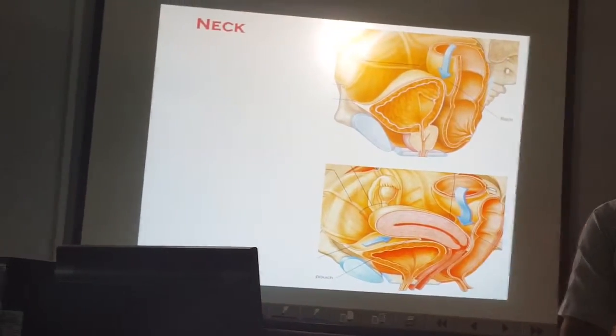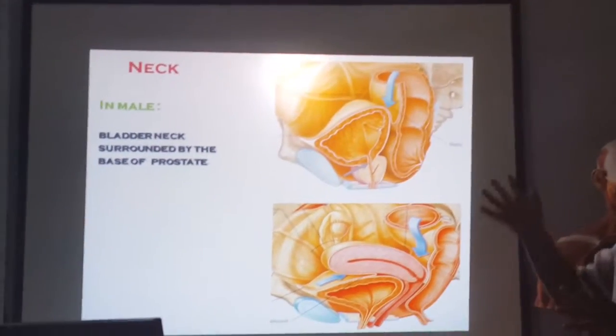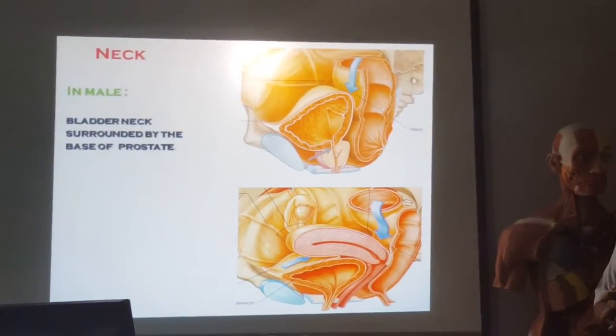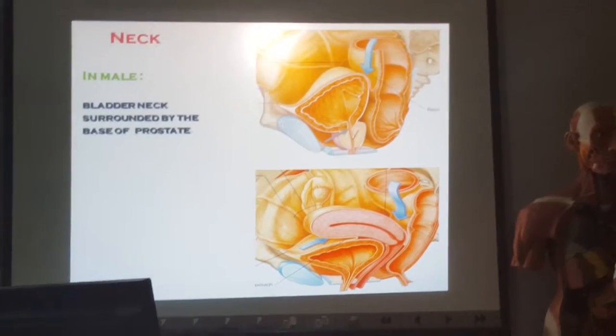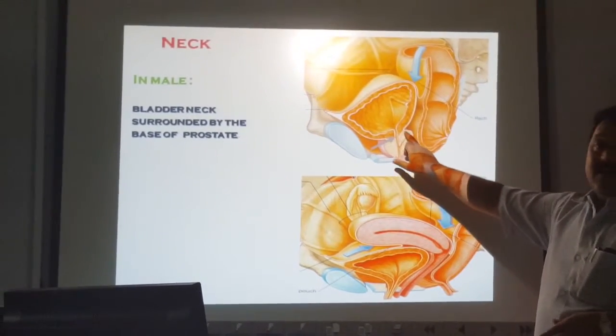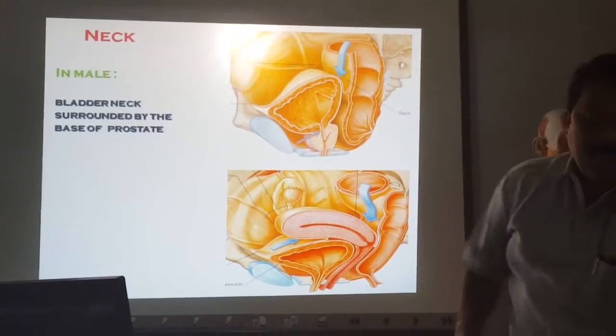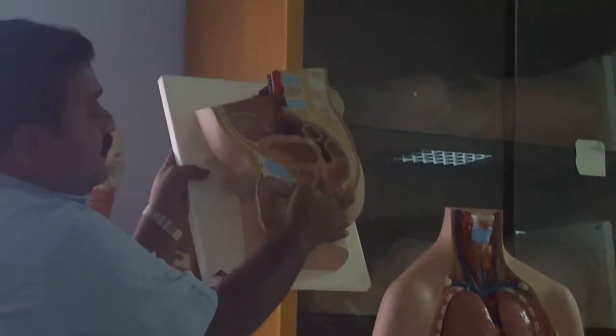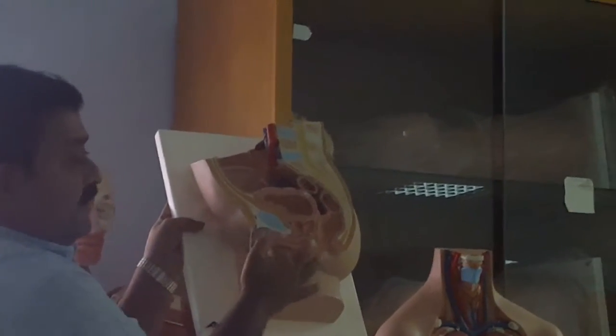Next is the neck of the urinary bladder. In case of male, the bladder neck is surrounded by the base of the prostate. See here, it is the male specimen. Here is the prostate gland. Urinary bladder, neck, and the prostate, and here is the urethra.